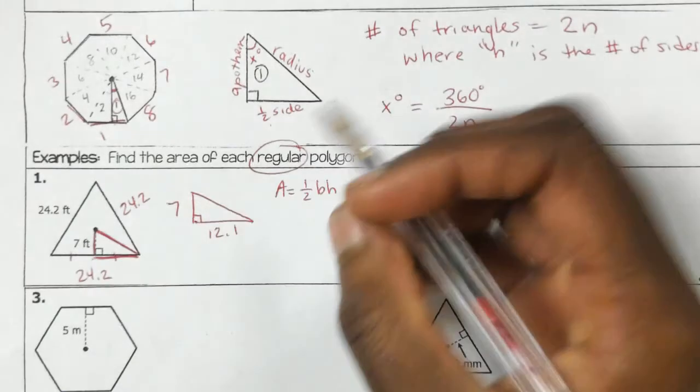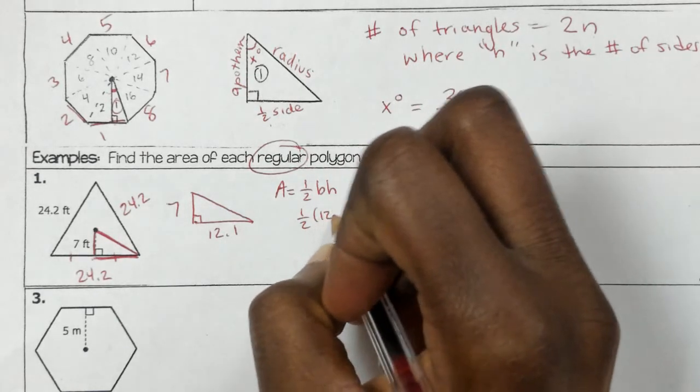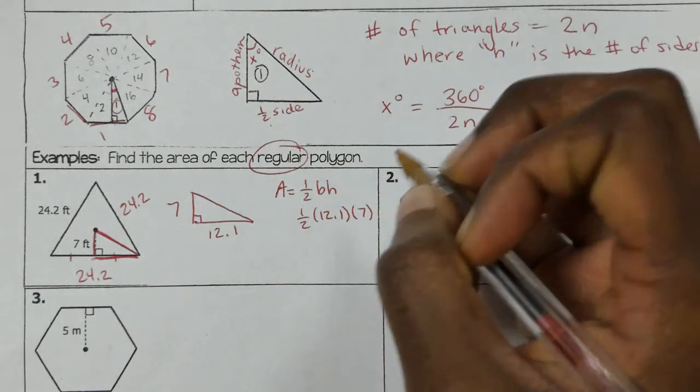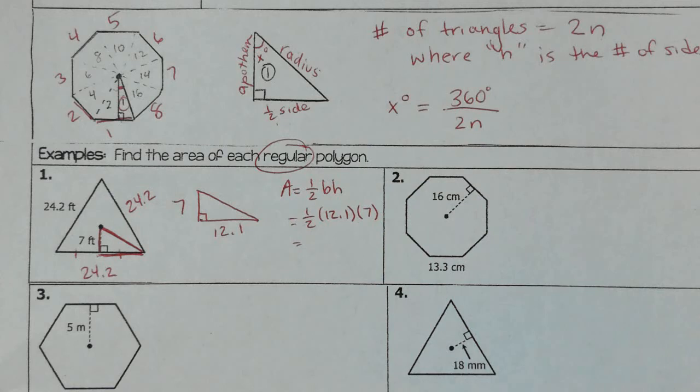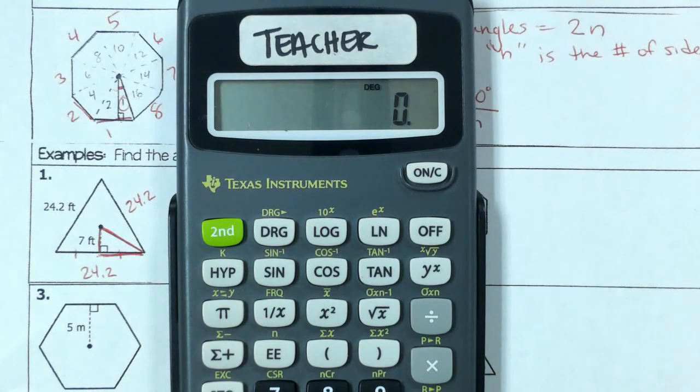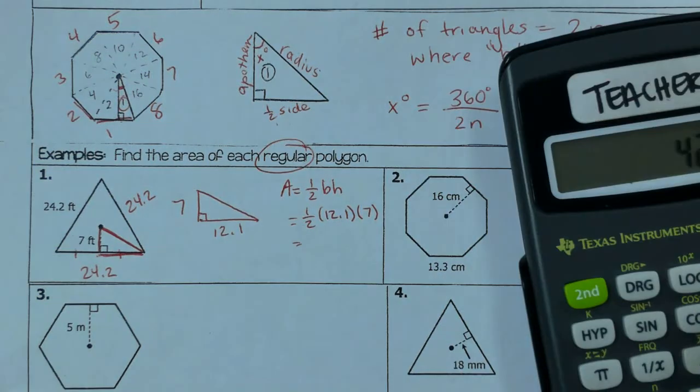And that will give me the area of this triangle. And then this triangle, the base is 12.1, and the height is 7. So the area of just one triangle is 0.5 times 12.1 times 7.